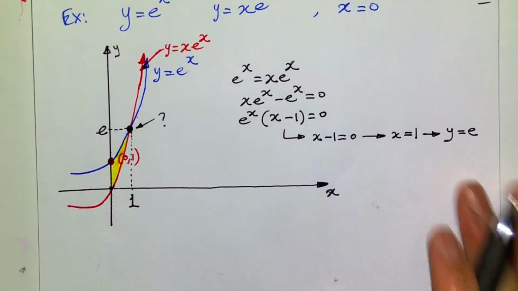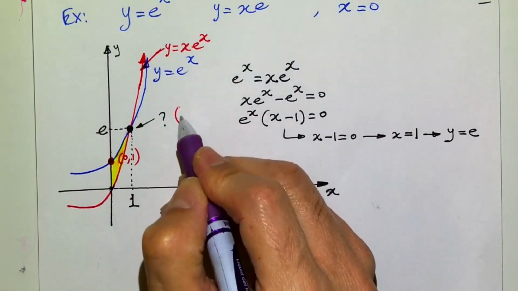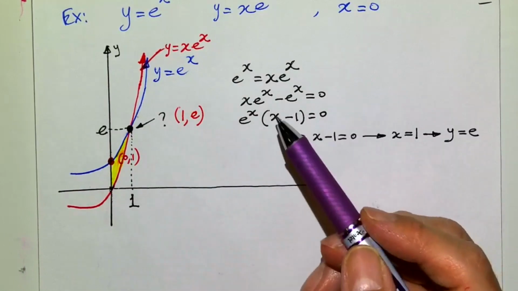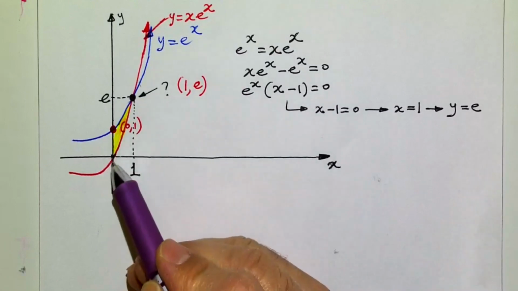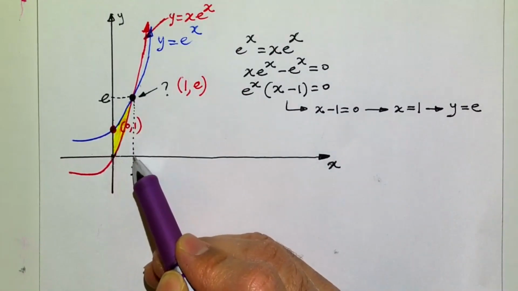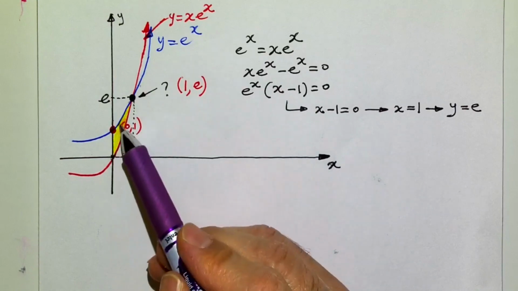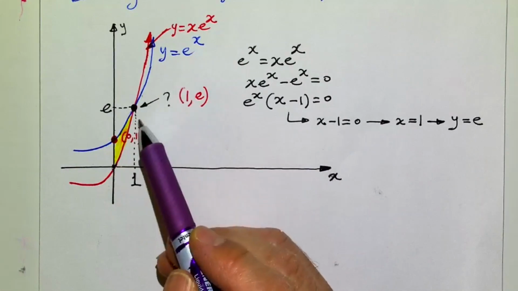So that question mark that I wrote is (1, e). Now we know from where to where we should integrate. We're going to integrate from x equals 0 to x equals 1. The top curve is e to the x, and the bottom curve is x times e to the x.